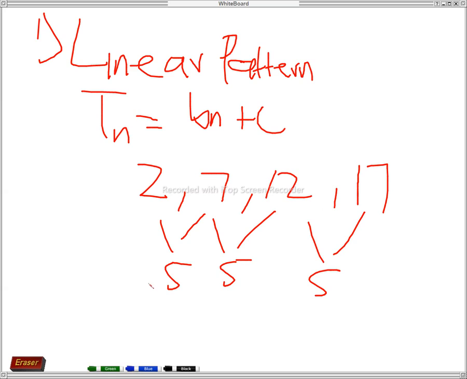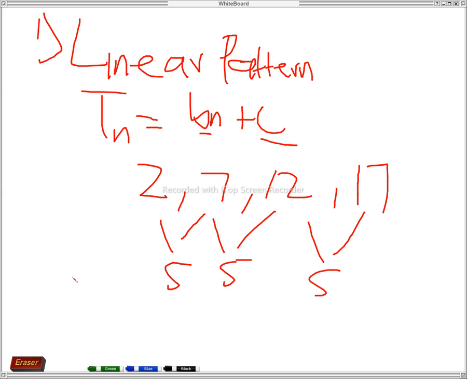So we have to determine the general formula for this linear pattern, and we must get the value of B and also the value of C. It's simple how we handle this kind of question.